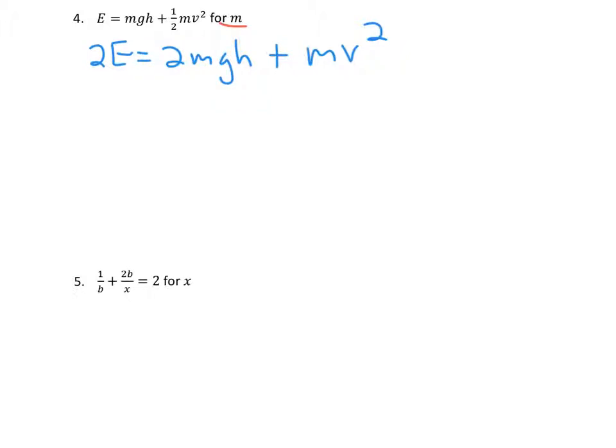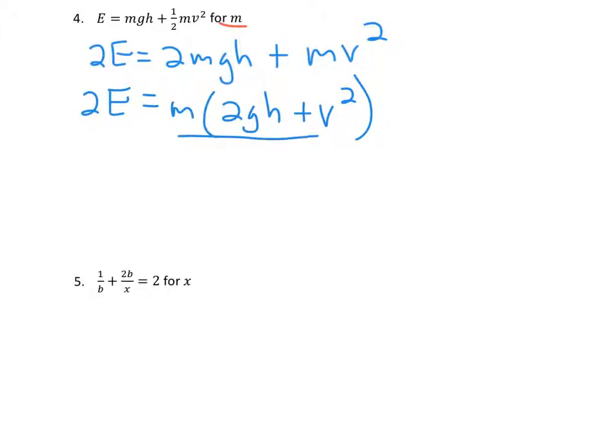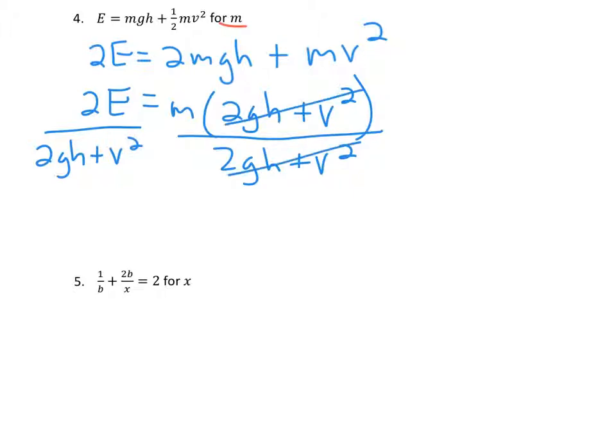So we're going to factor out the m from the right side of the equation, which leaves us with 2gh plus v squared, and then divide both sides by the expression inside the parentheses, 2gh plus v squared. That gives us our final answer: m equals 2e over 2gh plus v squared.